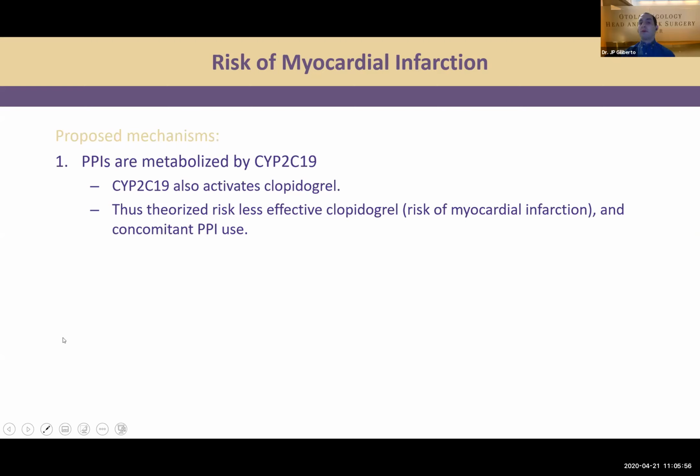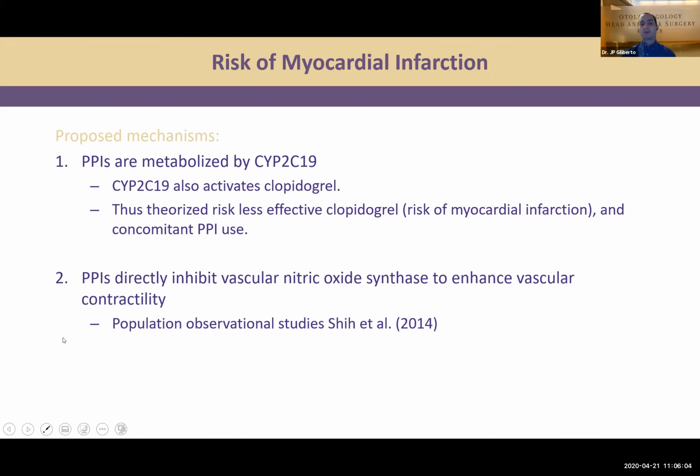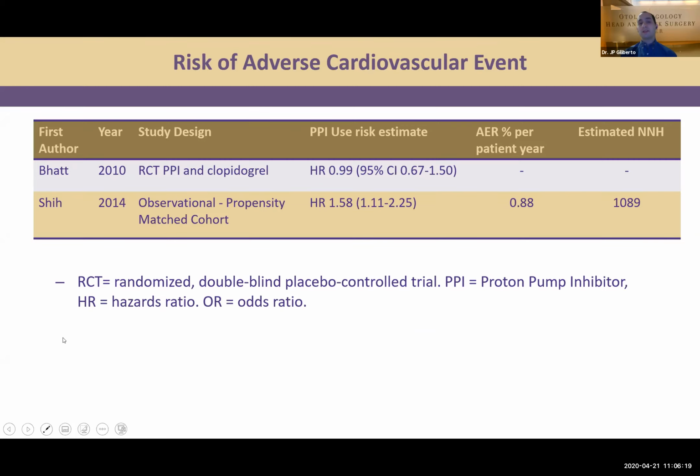And so we theorize that this competition would decrease the effectiveness of Plavix and therefore put people at risk for myocardial infarction. In addition, there's more of a generalized population mechanism where PPIs directly inhibit nitric oxide synthase to enhance vascular contractility.